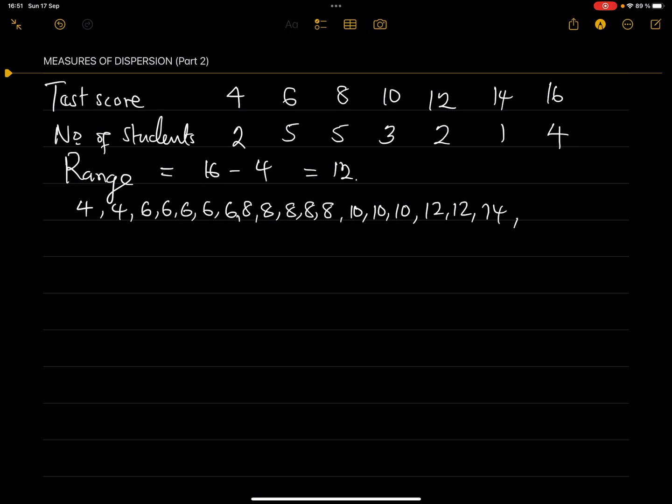Only one person scored 14, and 4 people scored 16, so we write 16 in 4 places. So this grouped discrete data set is now written in full.